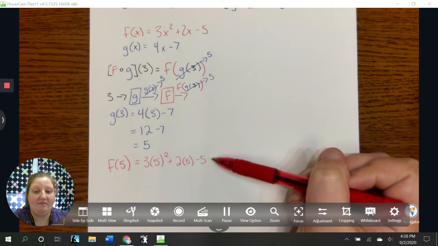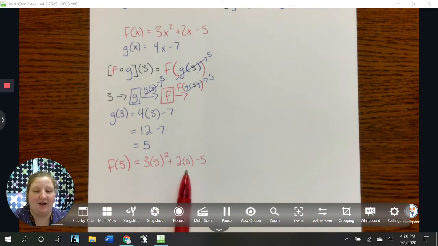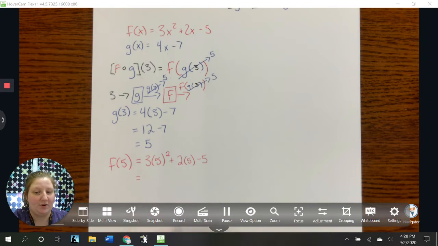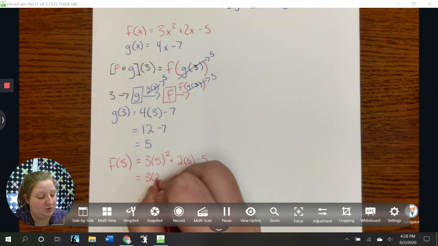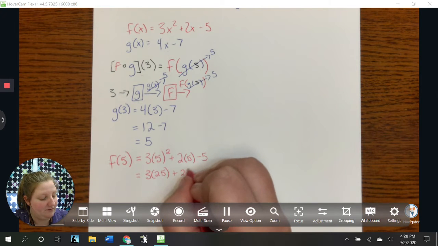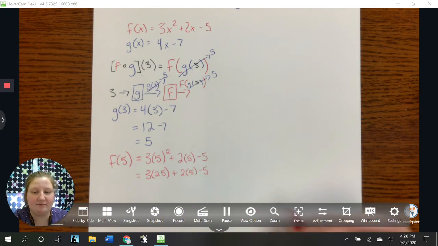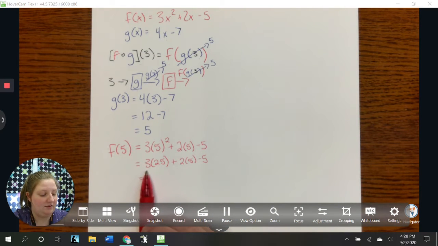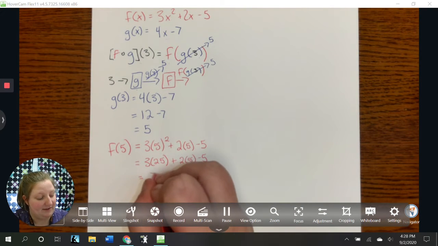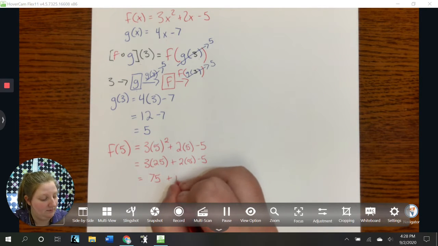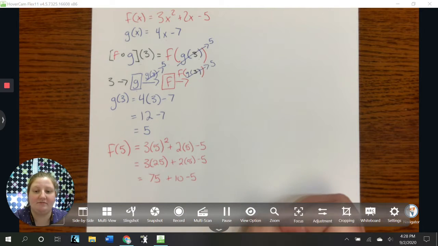So now that we have 5 plugged into our equation for x, we're going to simplify what we have here. So 5 squared is 25, so we have 3 times 25 plus 2 times 5 minus 5. Then 3 times 25 is 75 plus 2 times 5 is 10 minus 5.